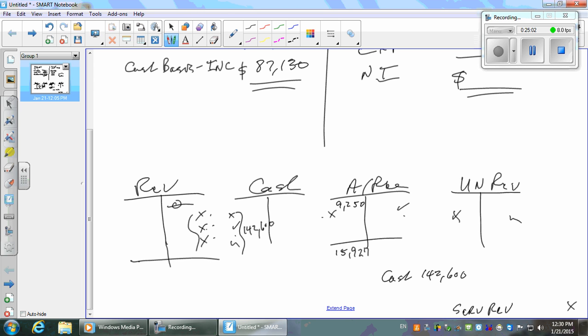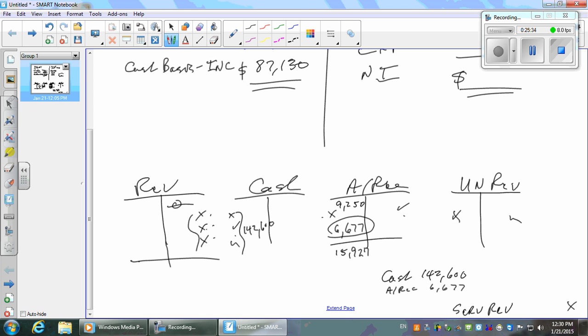I just want the difference, the change. How much did it increase by? 6,677. So the net effect of selling and then collecting is an increase of 6,677.